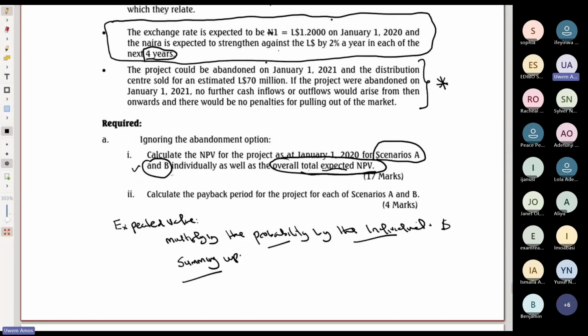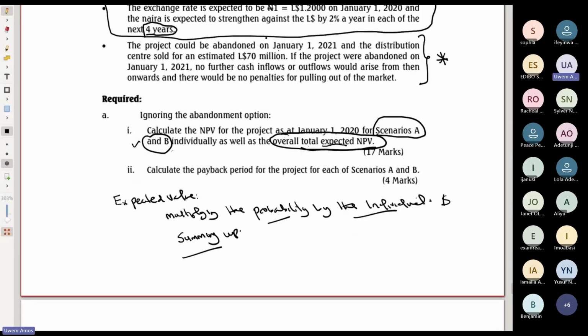Okay, the next one says, calculate the payback period for the project for each of scenario A and scenario B. So we're going to do scenario A, and then I'll let you guys play around with scenario B so that we can round up, because we need to round up international investment appraisal today.